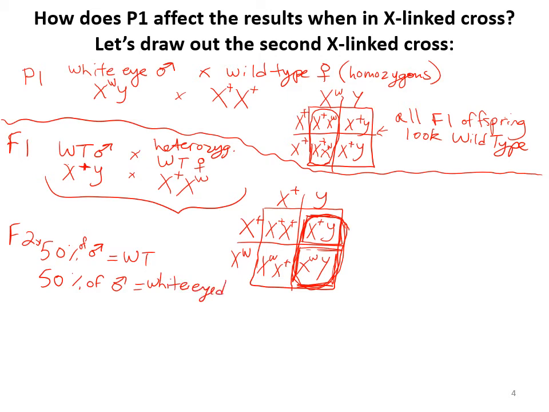Now, what do you notice about the females? Okay, so now we're just looking at the female half. Well, both of those squares have at least 1 plus mark. And as soon as you see a plus mark, that means they look wild type. So now 100% of the F2 females look wild type.